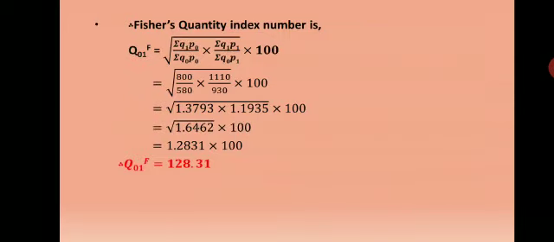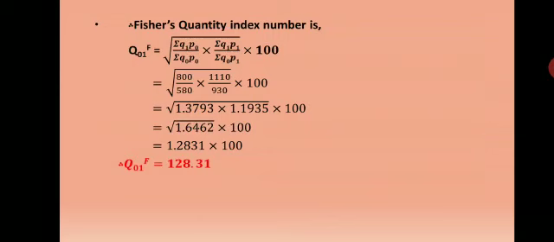Then we have Fisher's quantity index number formula as Q01 of Fisher's is equal to square root of summation Q1 P0 divided by summation Q0 P0 into summation Q1 P1 divided by summation Q0 P1 into 100.